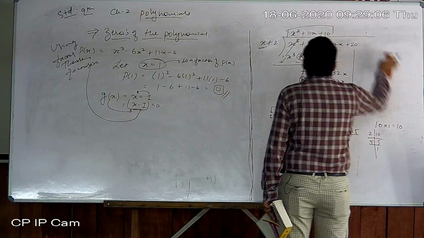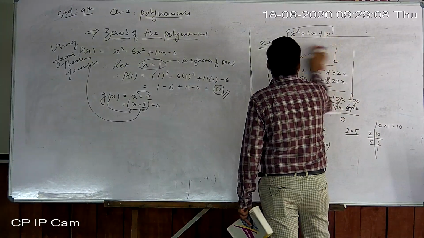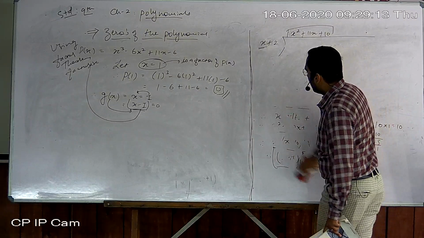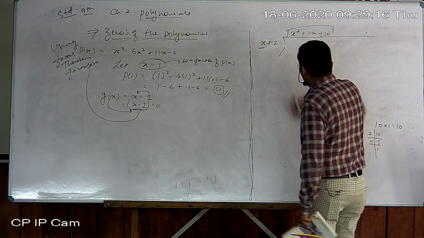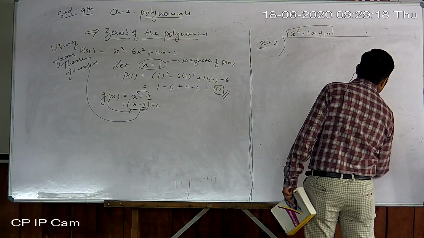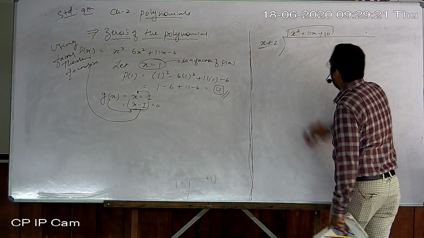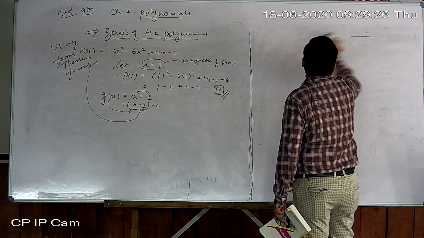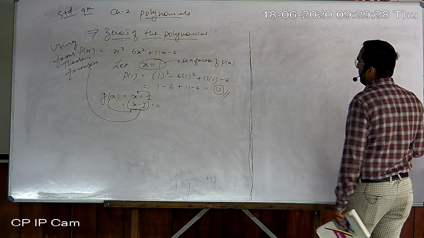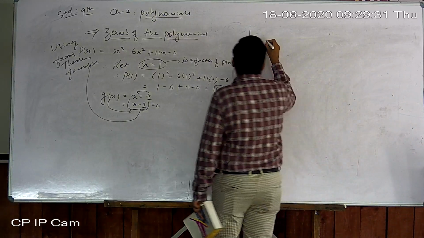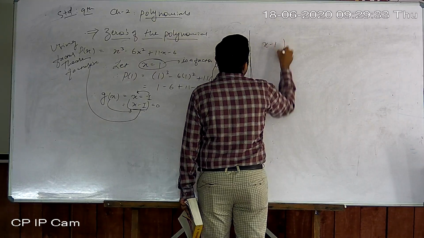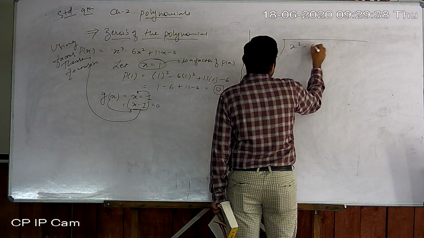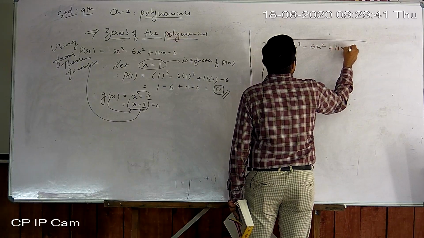So I'll use the long division method. In the long division method, I am taking x minus 1 here and dividing it into x cube minus 6x square plus 11x minus 6.